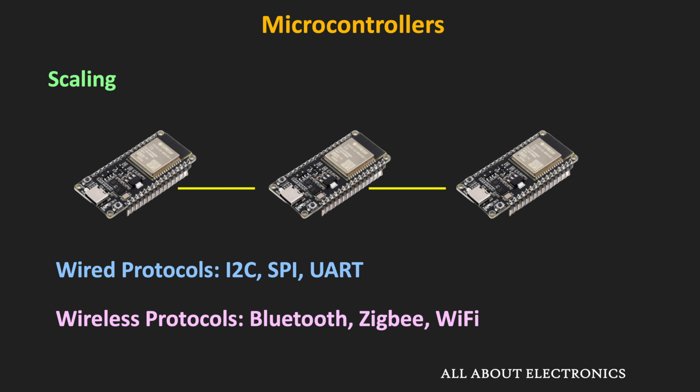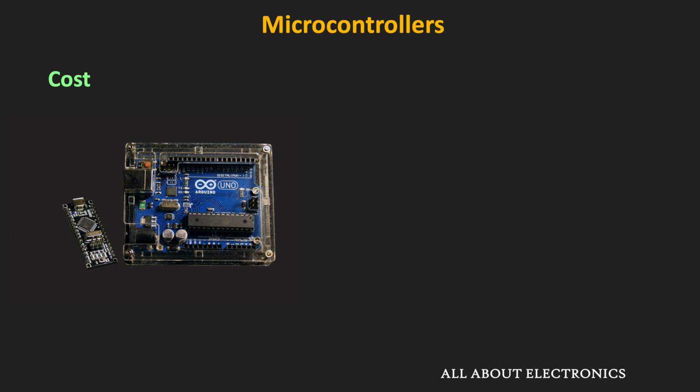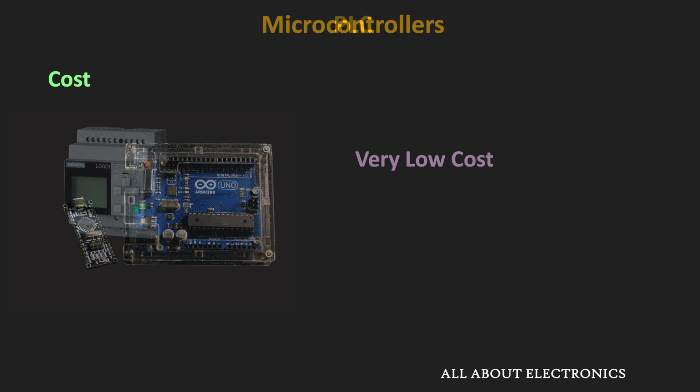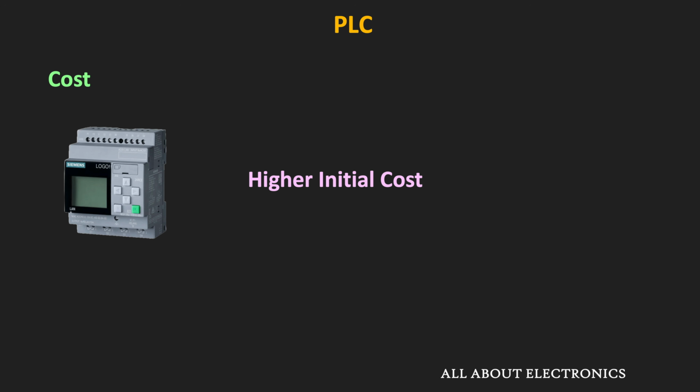Then another major difference between them is the cost. Microcontrollers are very low cost. They are easily available in the market and the development environment is also free. On the other hand, PLCs have a very large initial cost. The reason is that they are quite rugged and designed for the industrial environment.